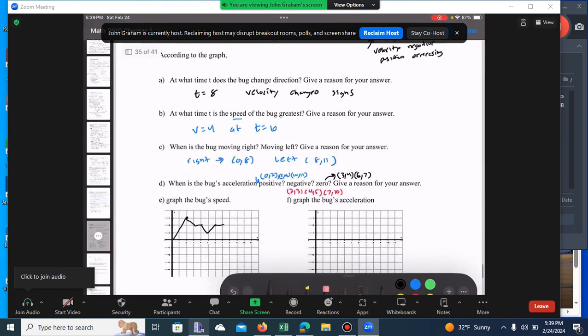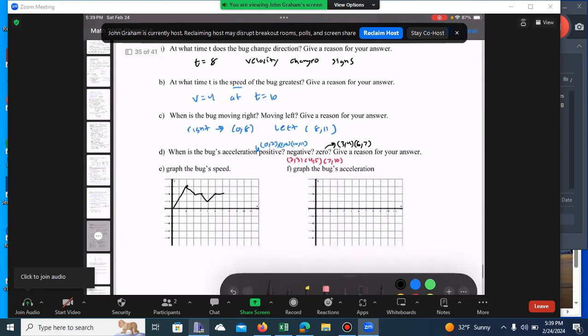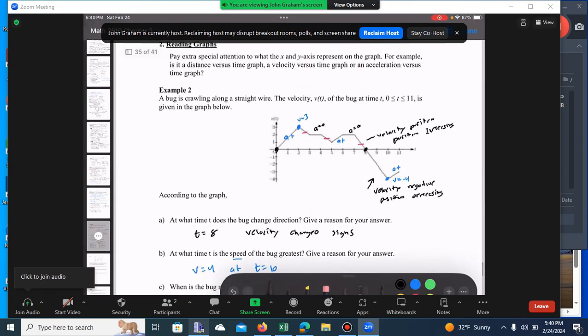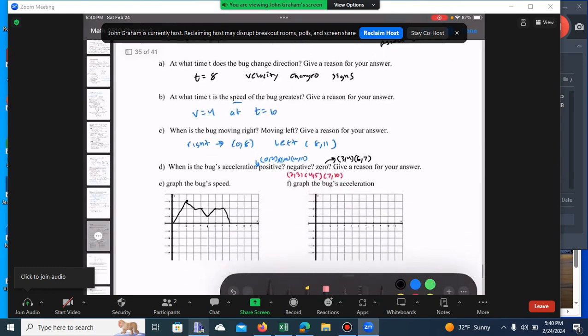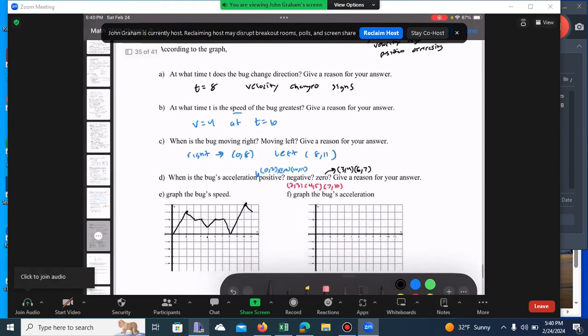Then at 8 seconds, it will be at 0. So it drops down to 0. Now, we're talking speed. So the graph basically mirrors, everything becomes positive. So it's at a speed of 4 at 10 seconds. That's the speed.